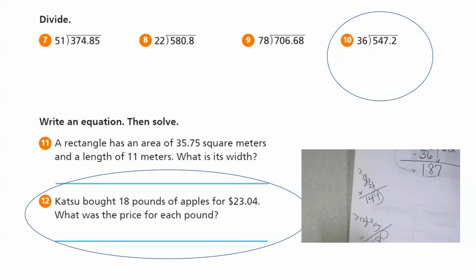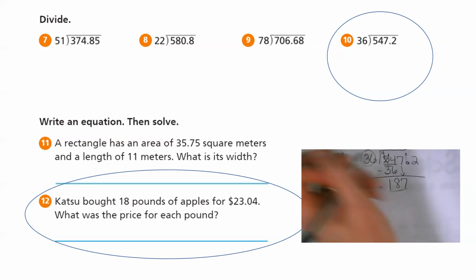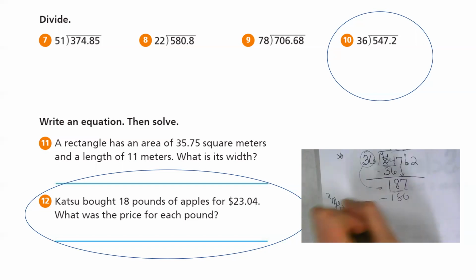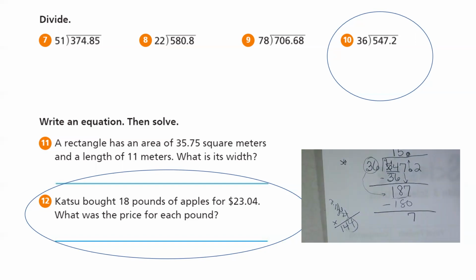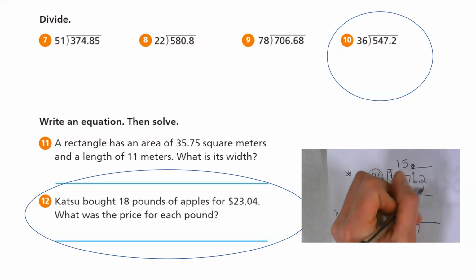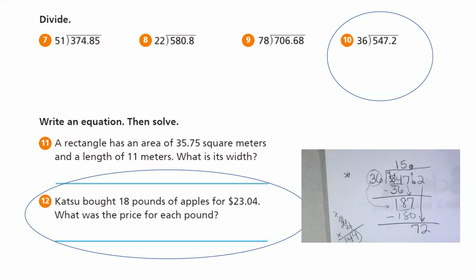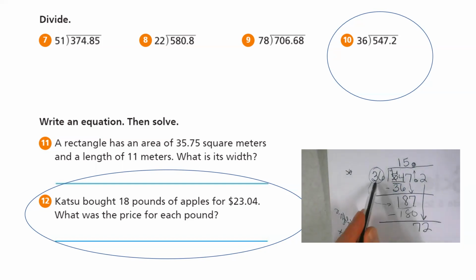Perfect, 180. So 5 groups would be 180, which means there's 7 left over. Can't take down a decimal, make sure the decimal's right there, bring down the 2. Now, I know 5 groups, so it's going to go in 36 times 2 is 72.